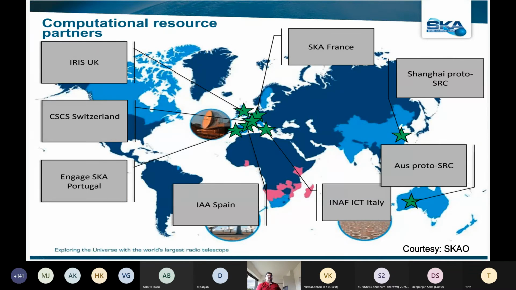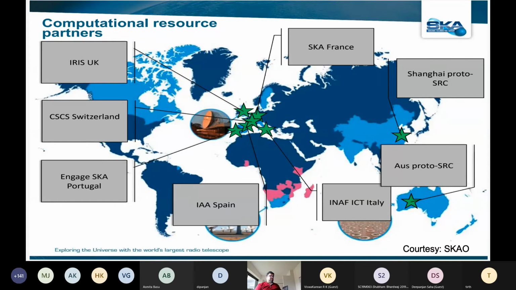So you collect data from the telescope and process it in this initial SDP stage, the science data product stage. You make something which is delivered by the observatory to the PIs, but then comes the question of how you store this data for future use. Currently the accepted model is that there will be regional science data centers across all participating nations, with data stored in multiple redundancy, distributed across the SRC.